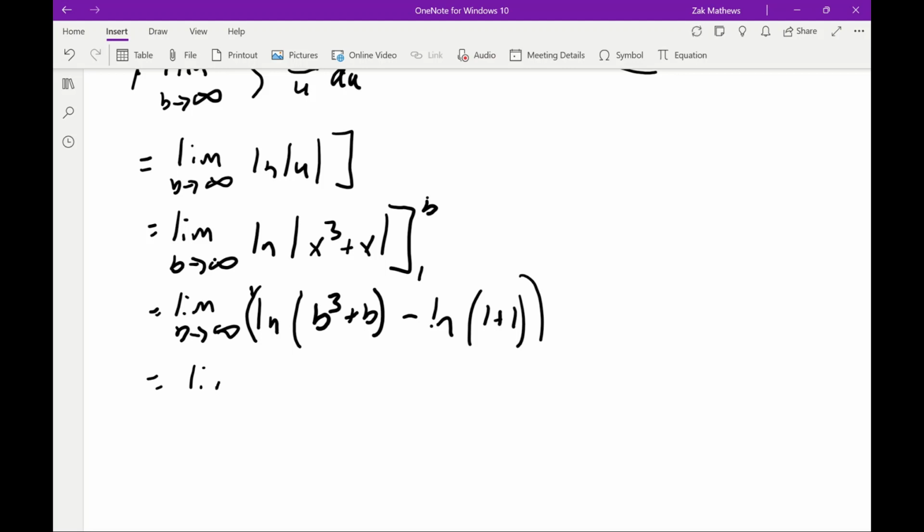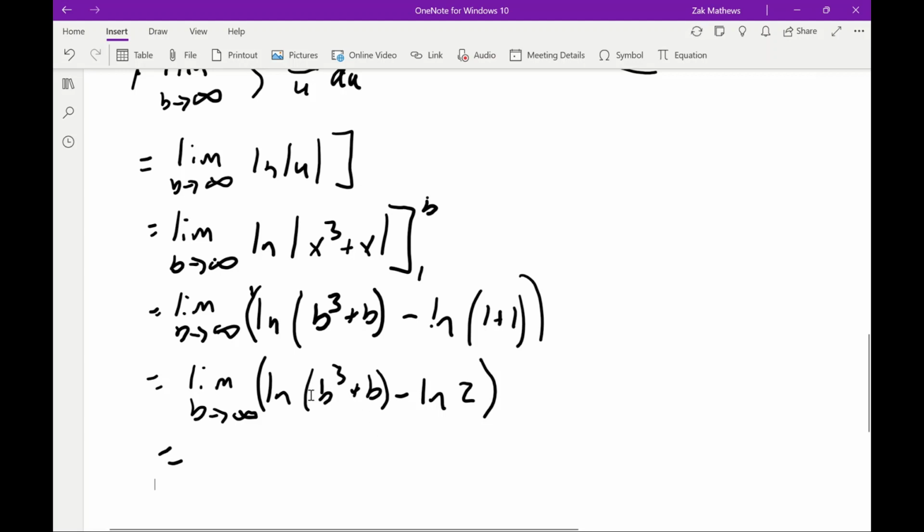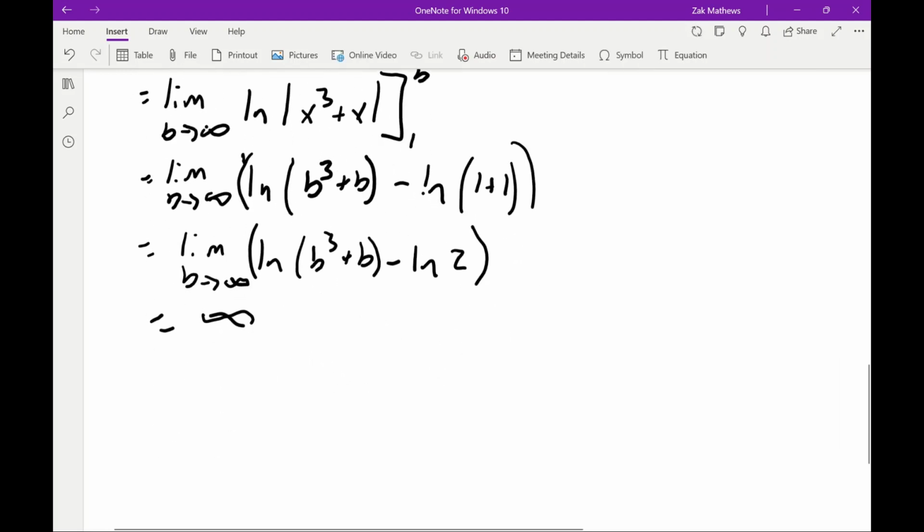And so we'll have the limit as b goes to infinity of the natural log of b cubed plus b, minus natural log of 2. Not really anything we can simplify with the b's, but what we notice is if we think about what happens to the natural log as it goes to infinity, that thing is going to infinity. And that tells us that the integral diverges. So what does that tell us about the larger problem? Well, it tells us that the series must diverge.